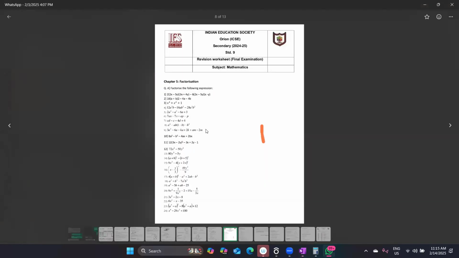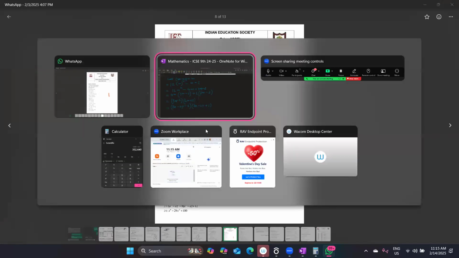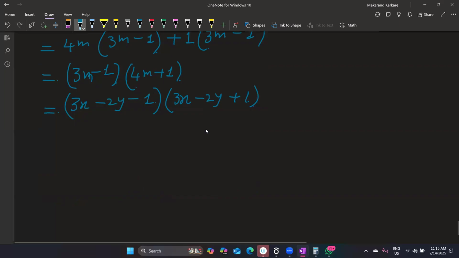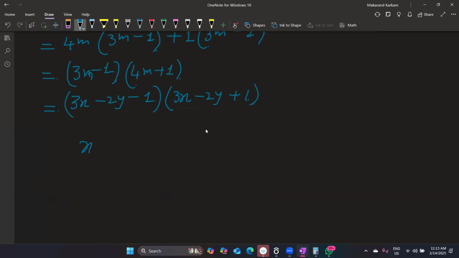Sir, I also had a doubt in the third question of factorization. X raised to 4 plus x square plus 1. So I think we can take x square as a. Sir, I think in school, our teacher solved this question.